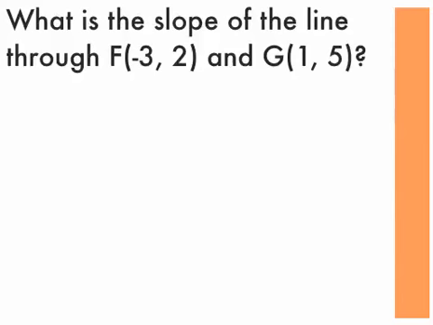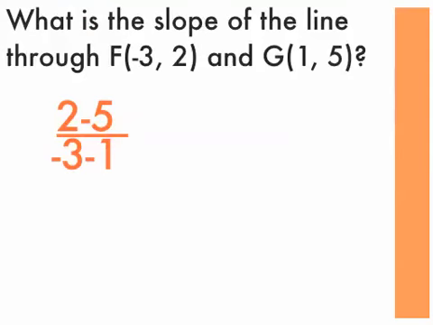An example of this says, what is the slope of the line through f at negative 3, 2 and through g at 1, 5? There are two valid ways to use the formula that we just learned. One way would be to say 2 minus 5.